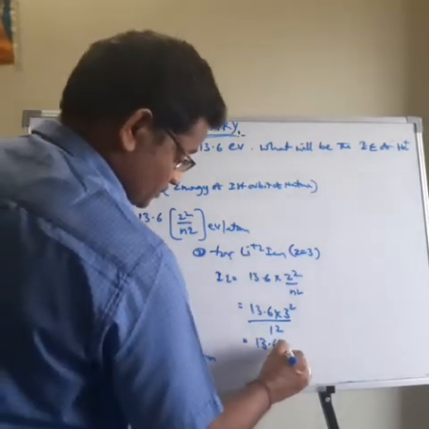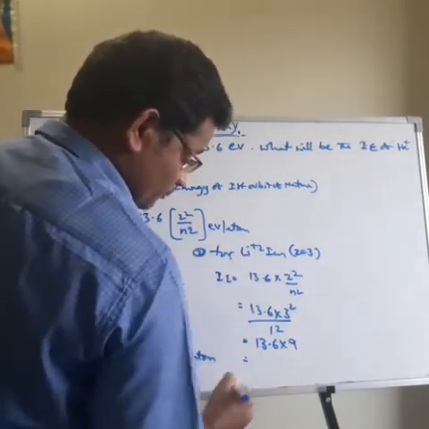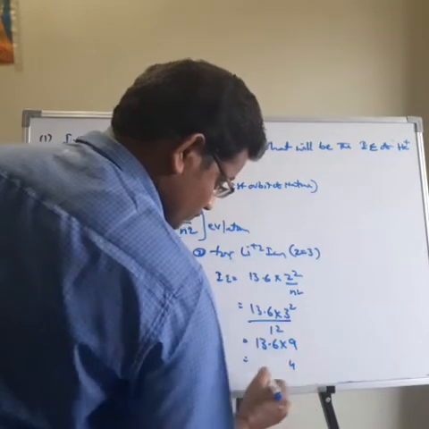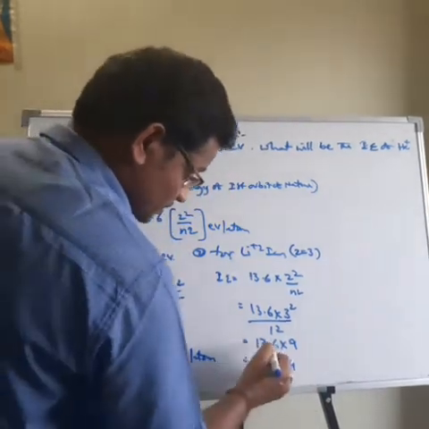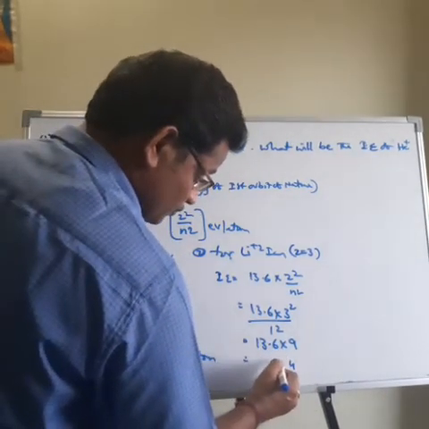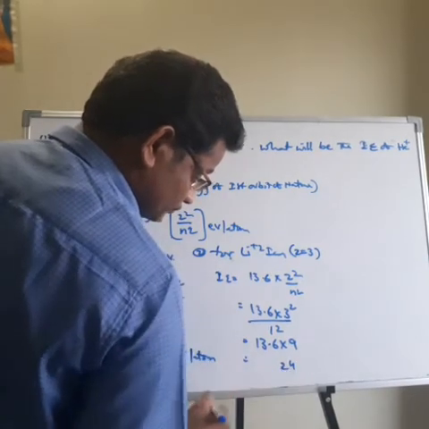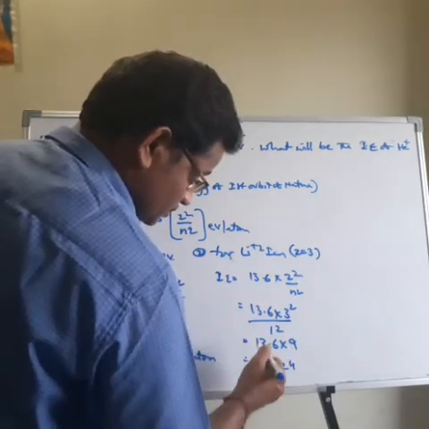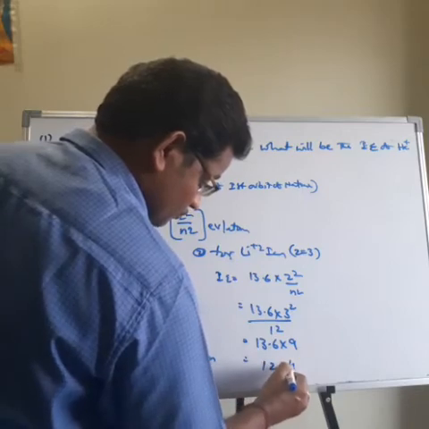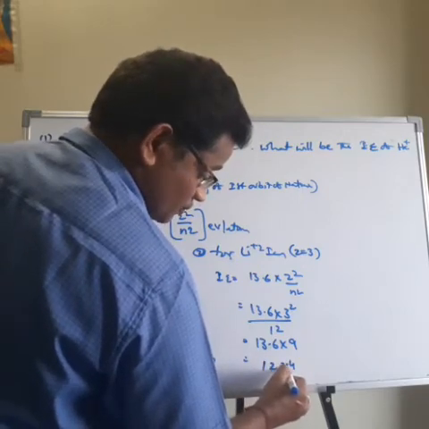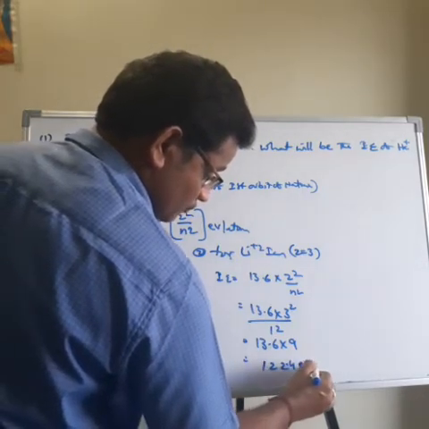So 13.6 into 9. Then what will we get? 9 sixes are 54, 9 threes are 27 plus 5 is 32, 9 ones are 9 plus 3 is 12. So 122.4 electron volt per atom.